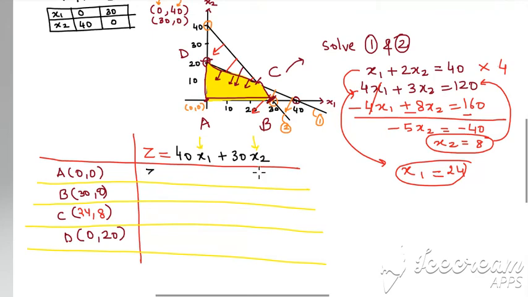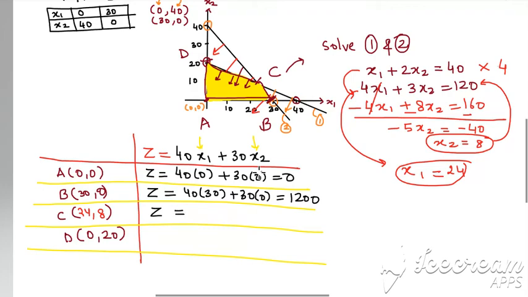This gives you z is equal to 40 times 0 plus 30 times 0, that is 0. Same way, z is equal to 40 times 30 plus 30 times 0 gives you 1200. Similarly here you will get 40 times 24 plus 30 times 8.